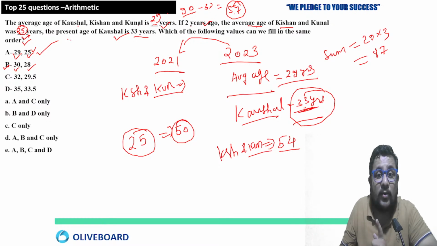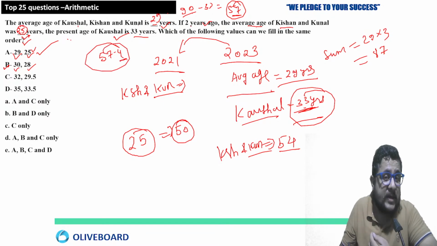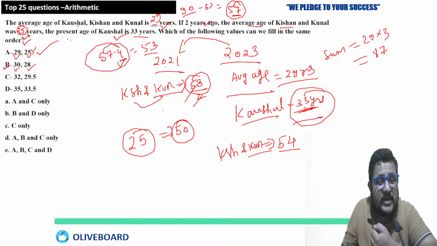And 2 years ago, just remove 4, 57 minus 4. Why am I subtracting 4? Because there are 2 persons. If we are going back 2 years, both persons' ages will reduce by 2 years, so total 4 years. So 53 years. In 2021 their sum is going to be 53 years. So the average age would be 26.5. So this is not satisfying.